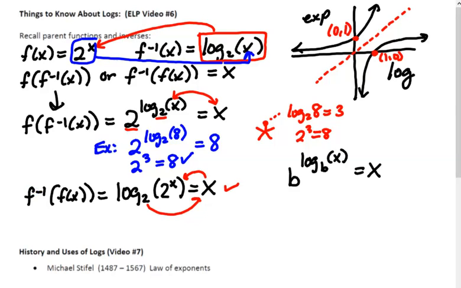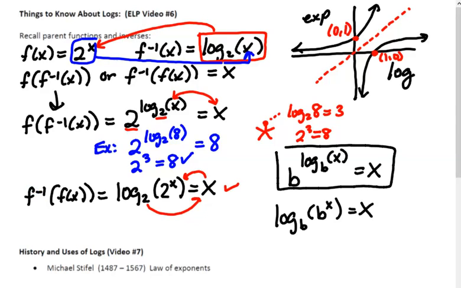Or if I have log base b of b to the x, that's just going to equal x. So those two are important log relationships that we can look at by understanding that exponents and logs undo each other. And it also makes sense that they undo each other in this way, showing that they are inverse functions.